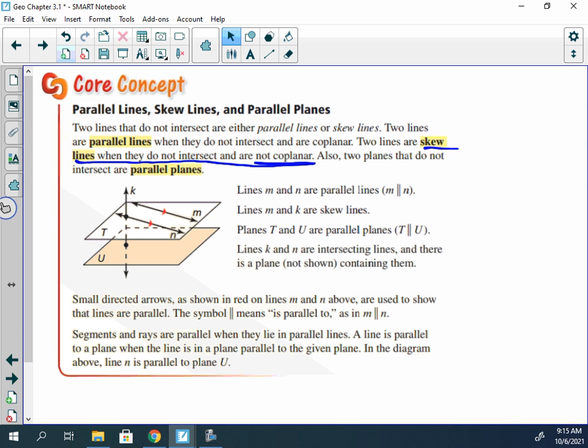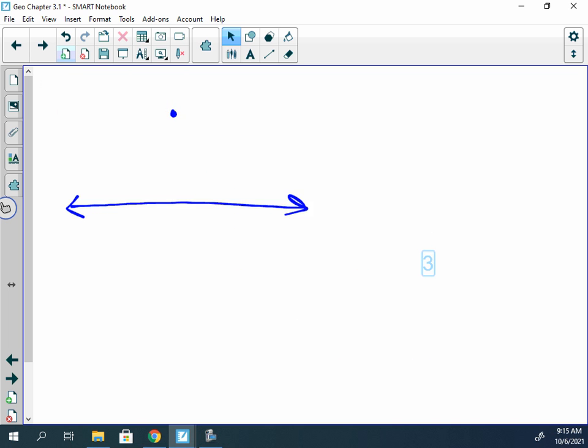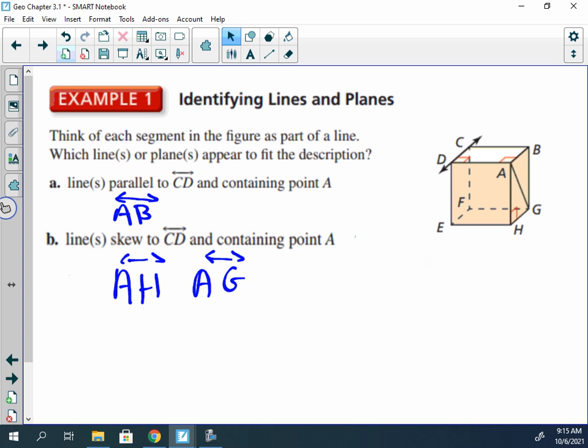Skew lines are skew lines when they do not intersect and are not coplanar. So AG is not coplanar because point G is not contained within the plane.